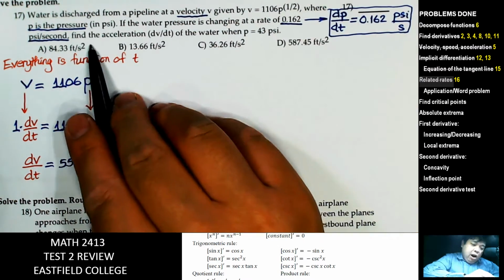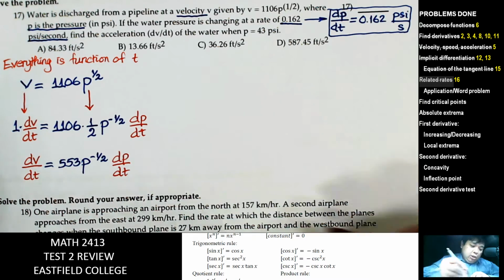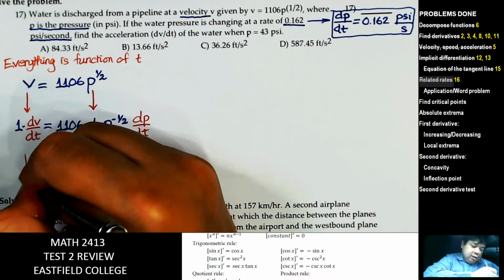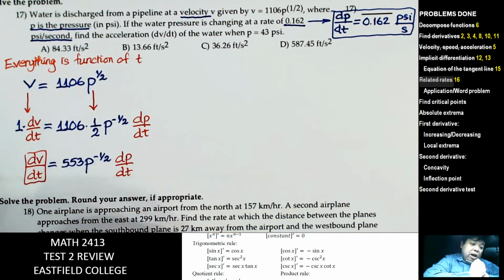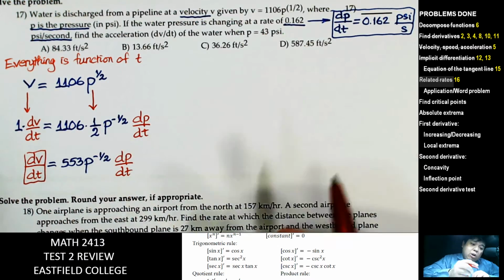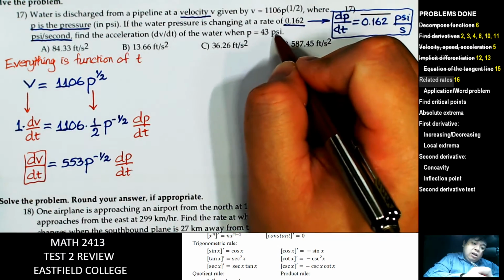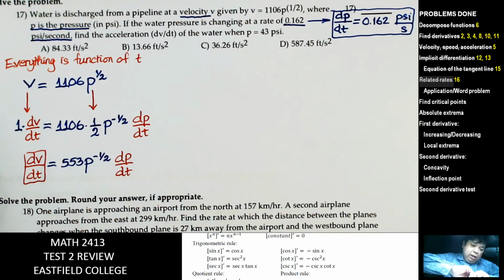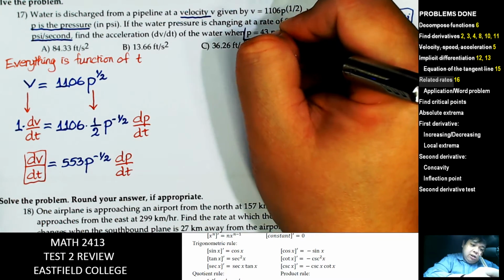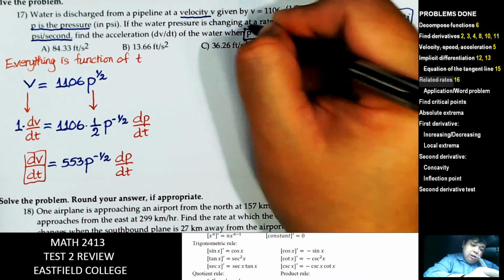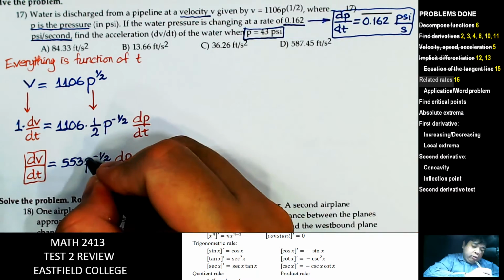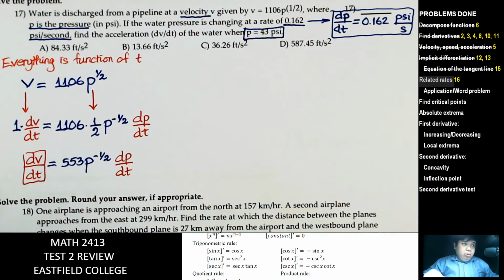Next, find the acceleration dv over dt. So we're going to find this. We don't know what that equals to, but we do know the pressure is at 43 psi. So we know pretty much. Put a check mark.